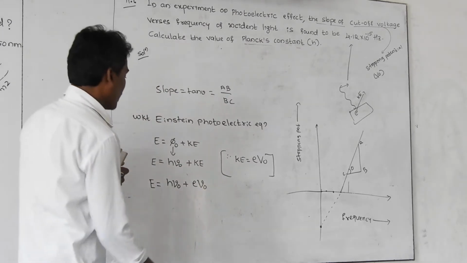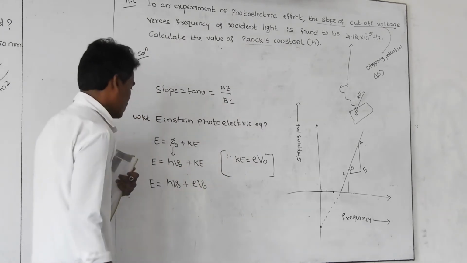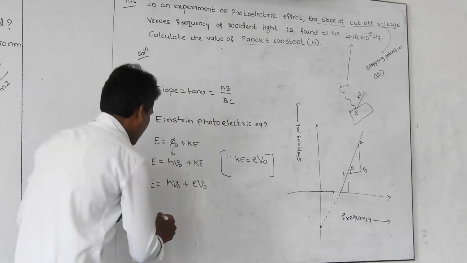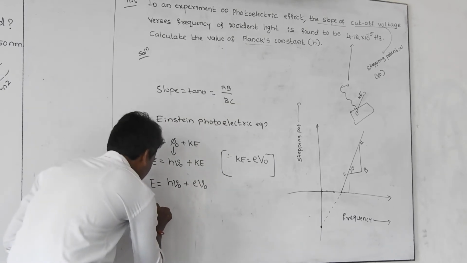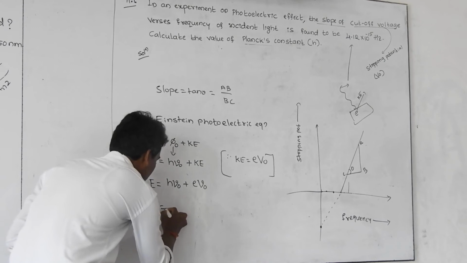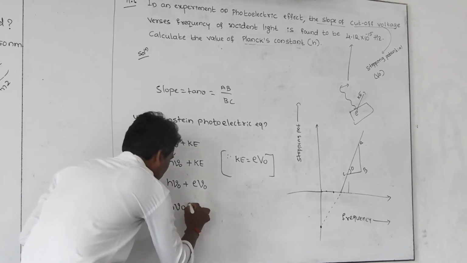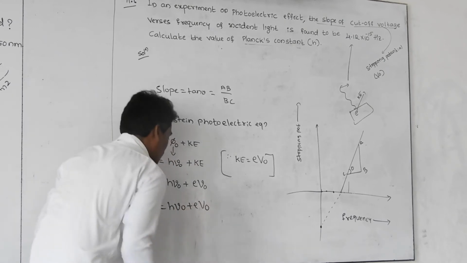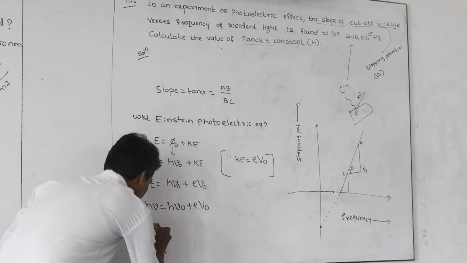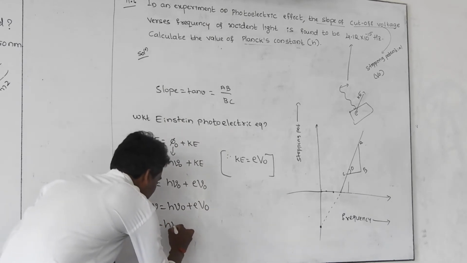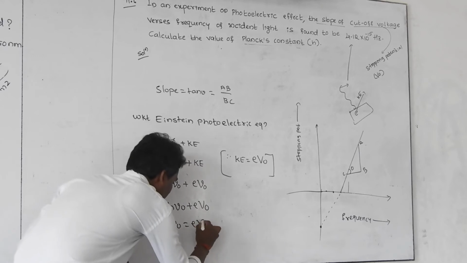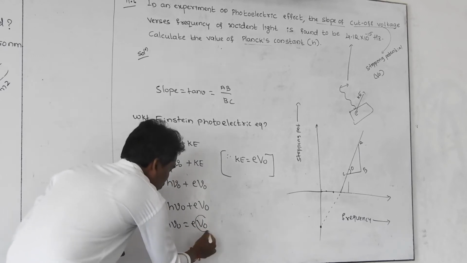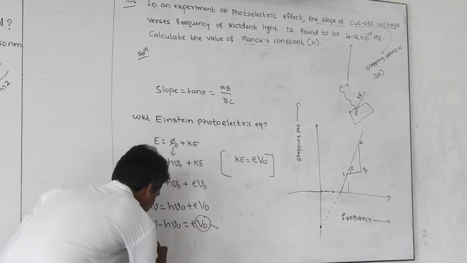Here we need to find out the slope value. So h nu is equal to h nu naught plus eV naught, and h nu minus h nu naught is equal to eV naught, and this is stopping potential.